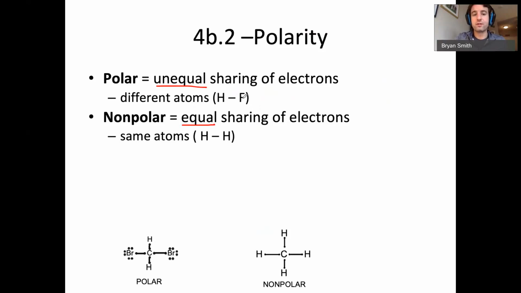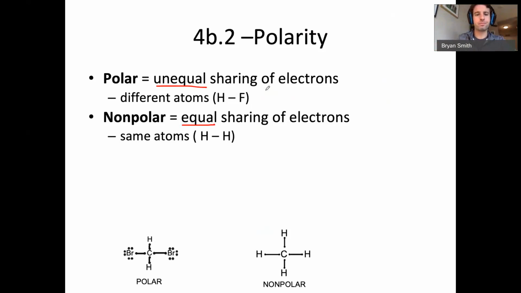So different atoms versus same atoms, that's what we want you to do in practice, but know that the definitions are based on how those electrons are being shared. In a bond, if they're the same atoms, they're sharing them the exact same way. If they're different atoms, one atom is going to maybe pull those electrons a little bit tighter than the other one might.